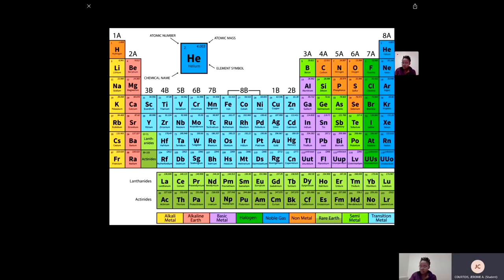Brilliant. Now, carbon 12 is an isotope, carbon 13 is a different isotope.